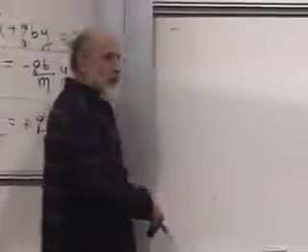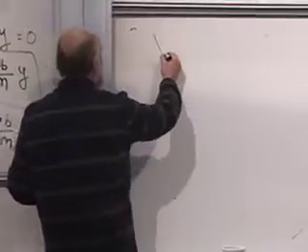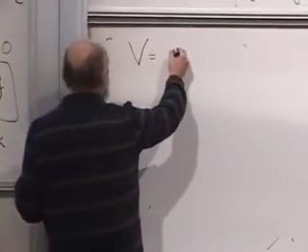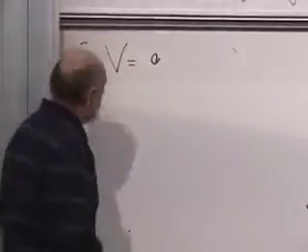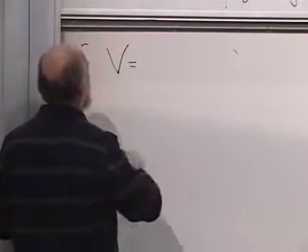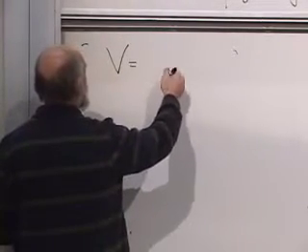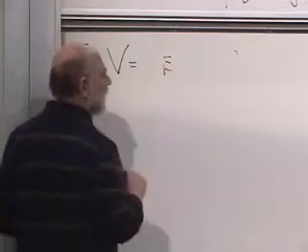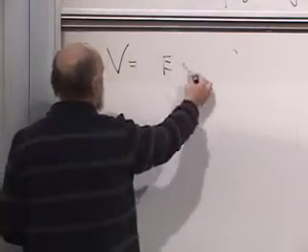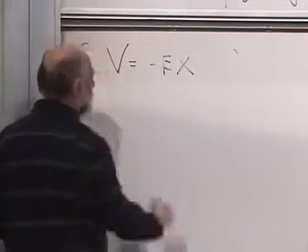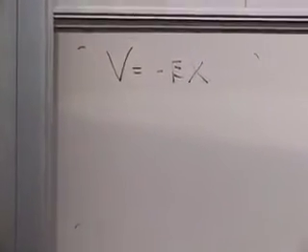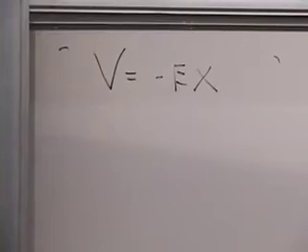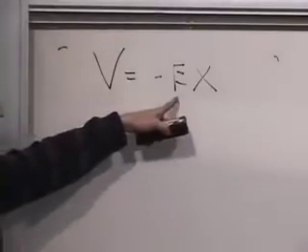Let's put an electric field in the x direction. That means a potential which looks like some electric field, magnitude of the electric field times minus x, I believe, if I want the electric field to point in the x direction. Here, E is just the magnitude of the electric field.